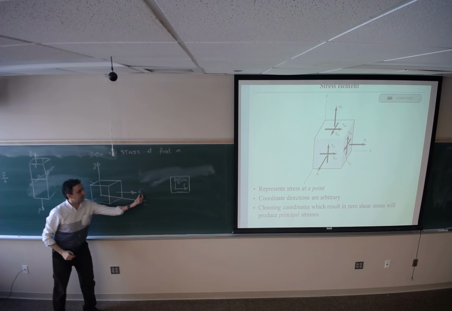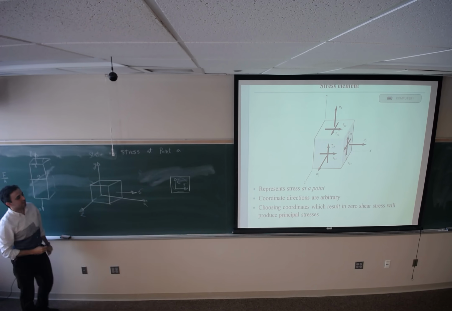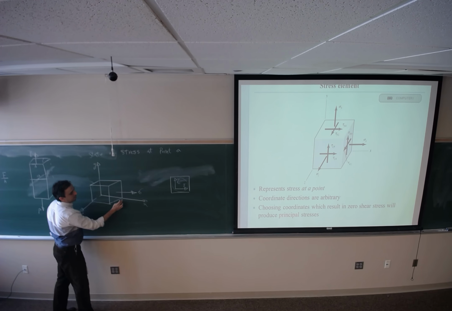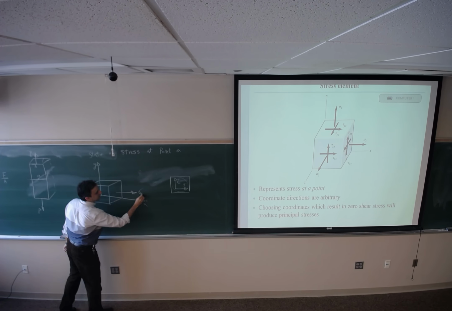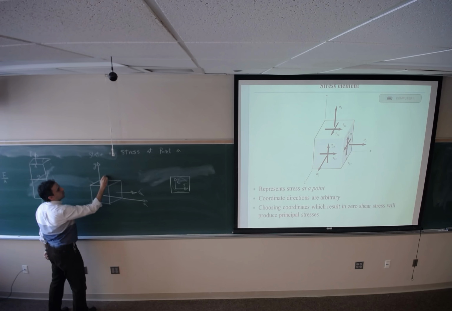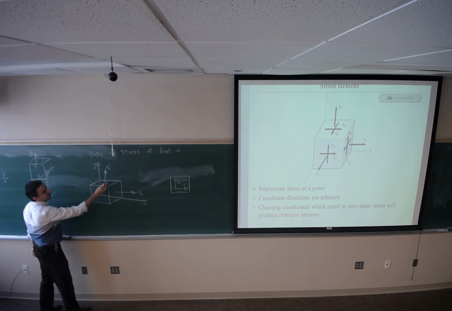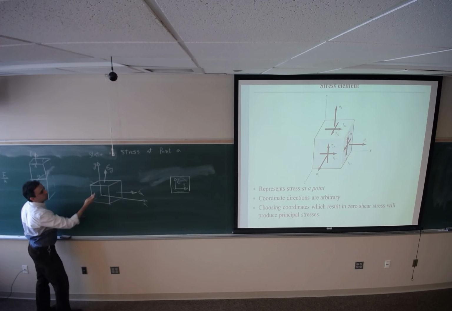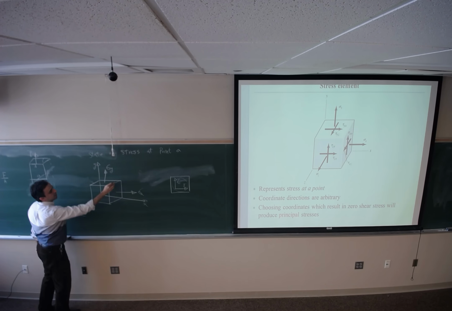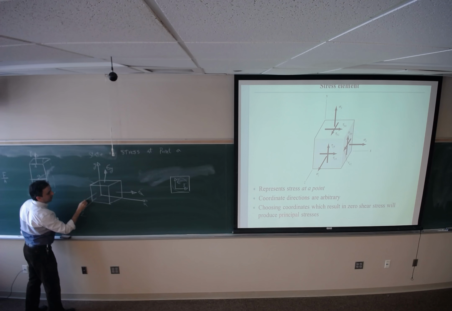The index or subscript of the normal stress is going to be the same as direction of this plane. So the normal vector of this plane is x, so I label this as sigma x. For this one, I can define one normal stress perpendicular to this plane, and the subscript is y because the axis of y is perpendicular to this plane. For this plane also, it's going to be sigma z.